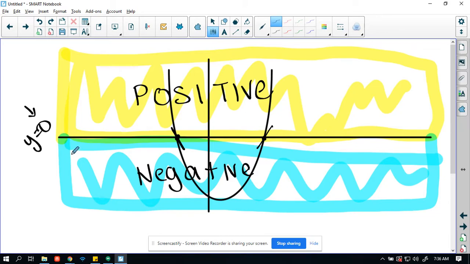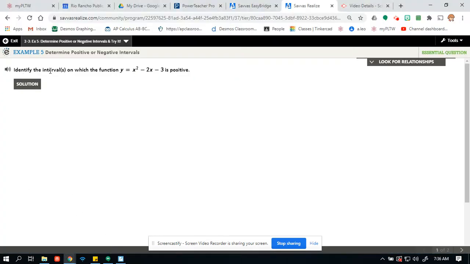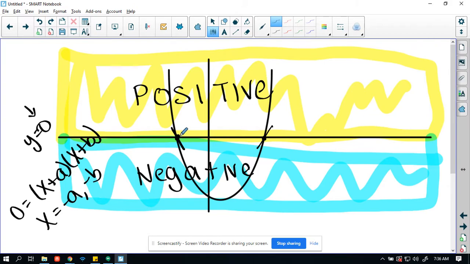So when we get those factors, we're looking for when x is negative a or negative b in our case here. So we're looking for when my graph is equal to 0. And then because we probably have to do intervals, remember you don't include this endpoint, so this would be a parenthesis. And you don't include this endpoint, so that would be a parenthesis.